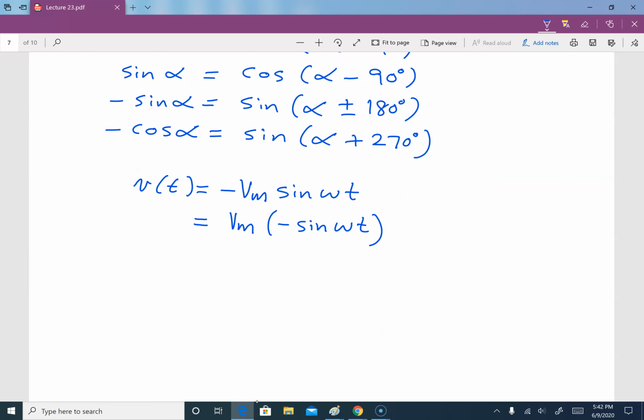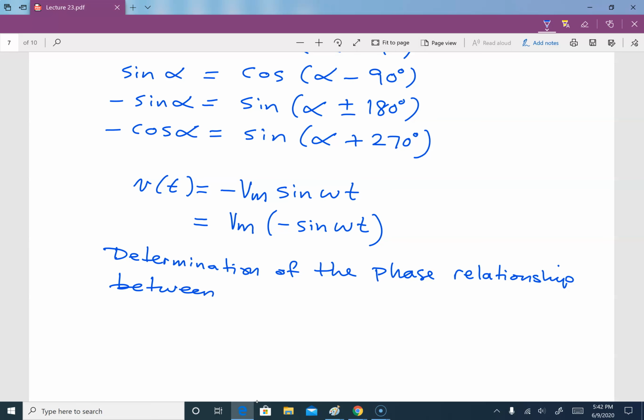So now when we want to, let's say, determine the relationship between sinusoidal waveforms, so determination of the phase relationship between two sinusoidal waveforms.